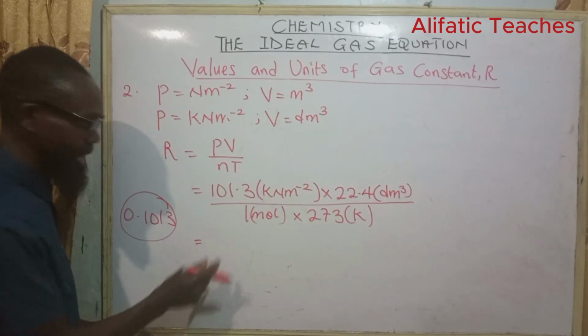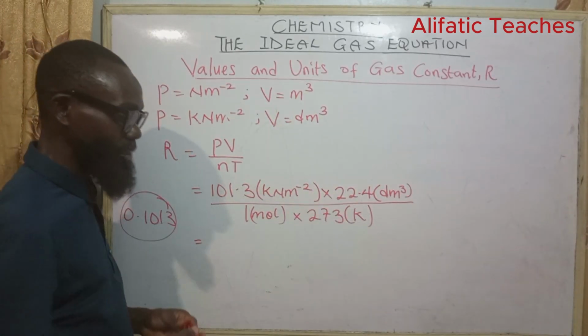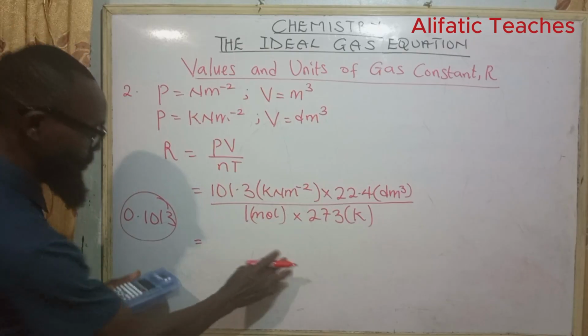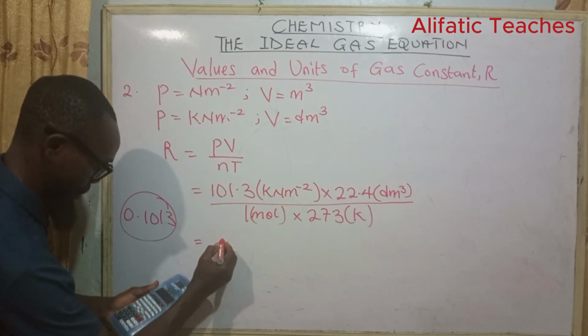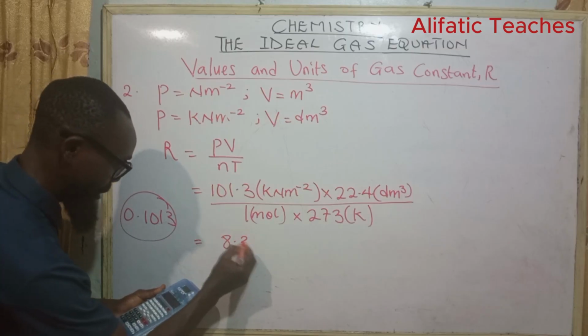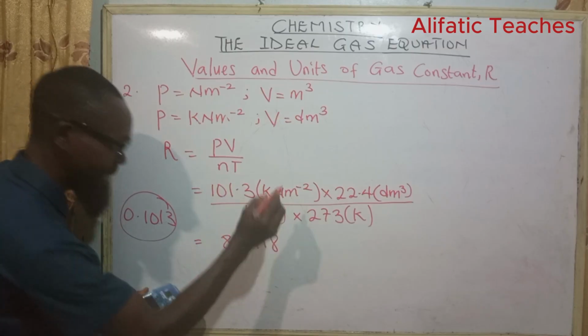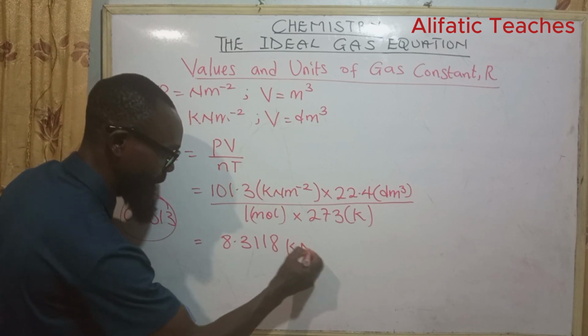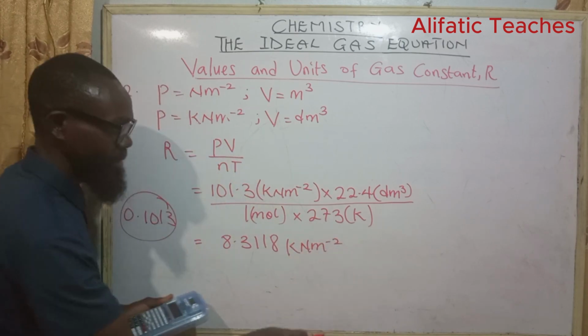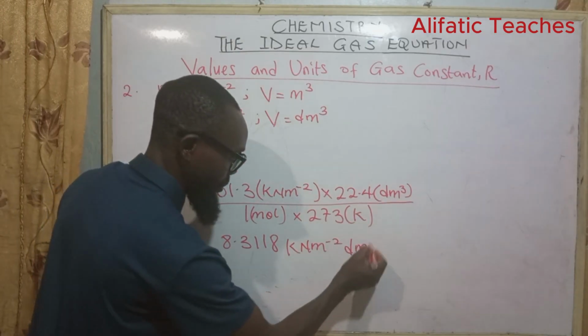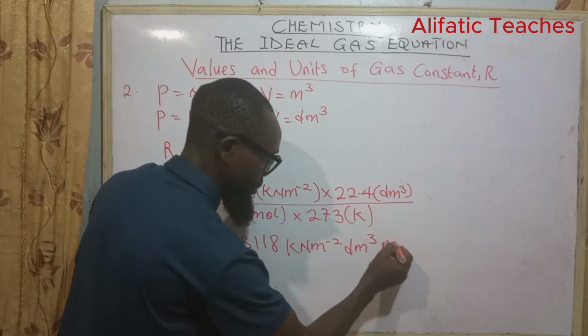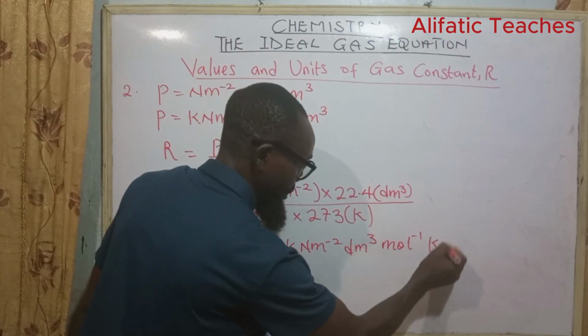Let's take our calculator now. Let us multiply this and divide it by 273. So the value given to us now, we have 8.3118. So we have kilonewton per meter square dm cube per mole per Kelvin.